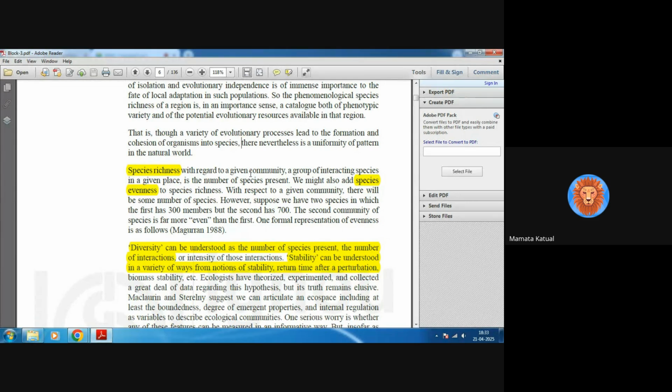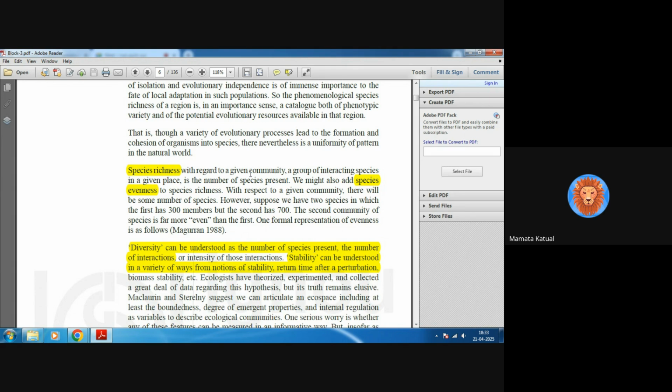That means a community has many different types of species. There may be plants, animals, microorganisms, all the organisms present in that community.